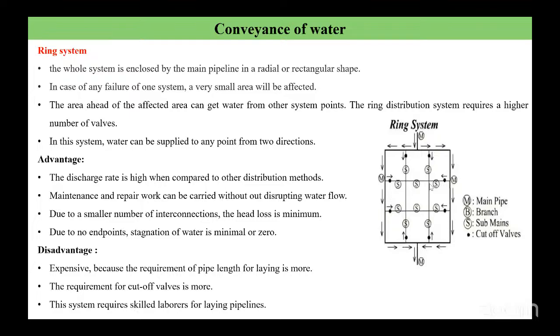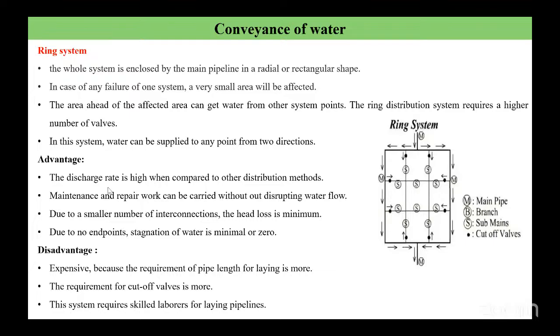In this system, water can be supplied to any point from two directions. So from any two directions, the water can be circulated to any point. There are several advantages to this system. The discharge rate is high when compared to other distribution methods.